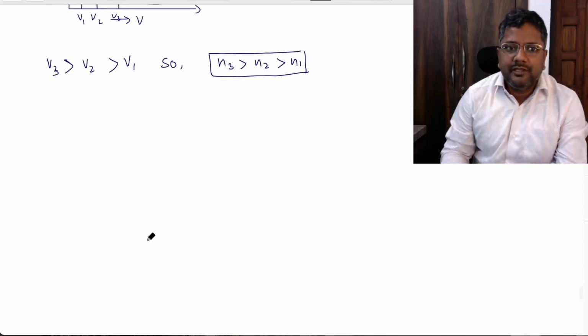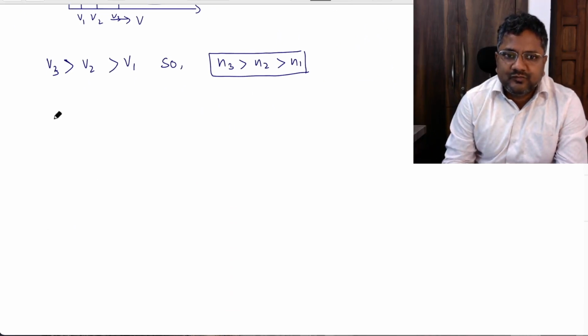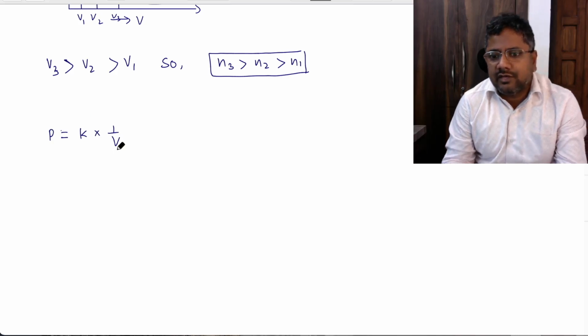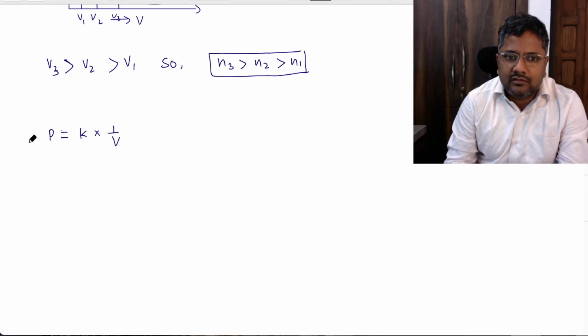Now see, P is equal to K into 1 by V. So you can take log of both sides.